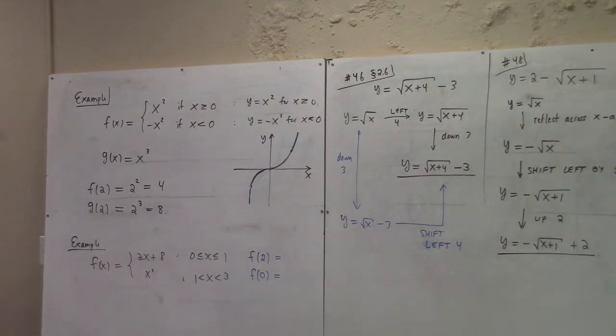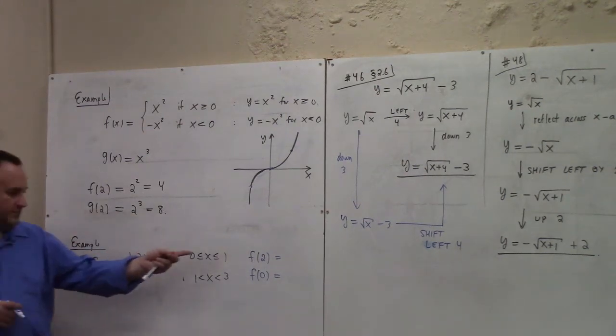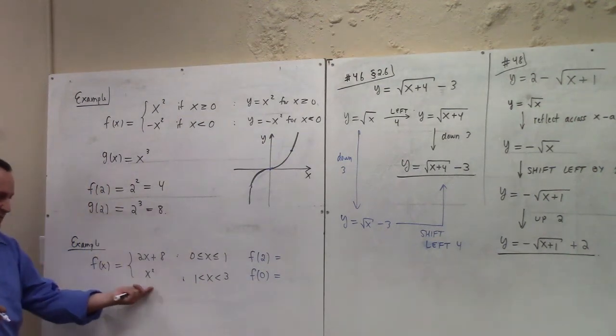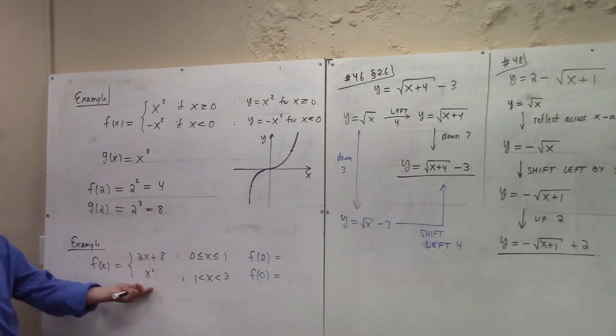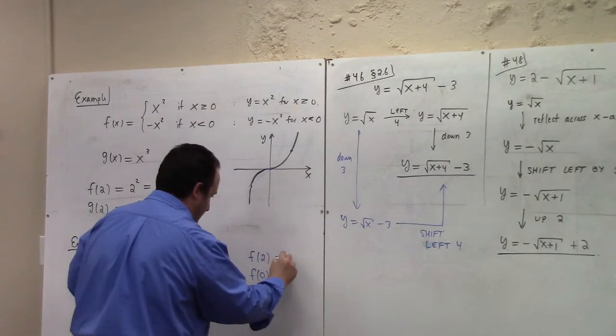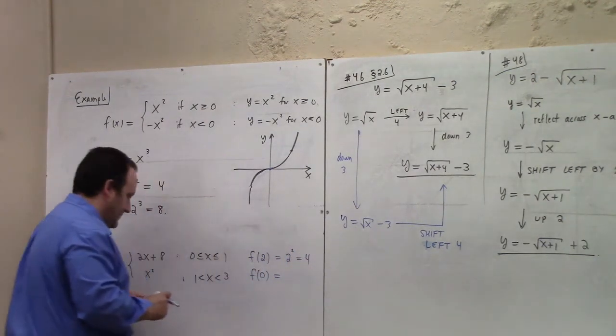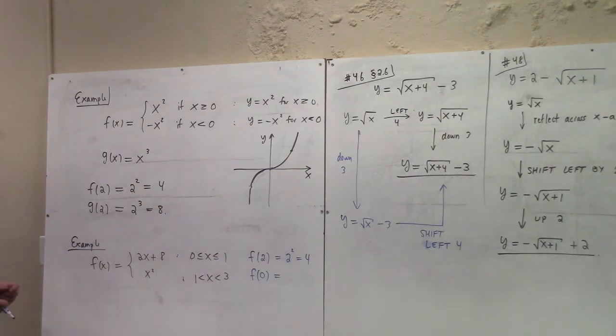We have to figure out which case we're in before we do the evaluation. So 2 fits into this case, so I use this formula. f of 2 is 2 squared, which is 4.